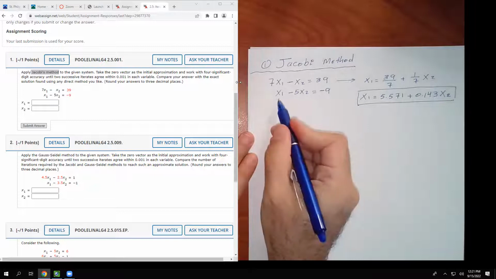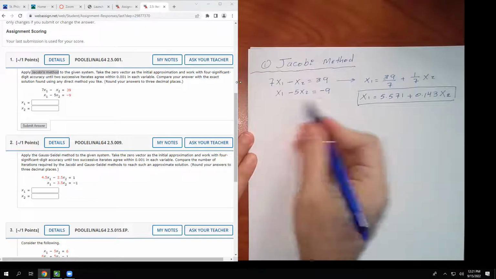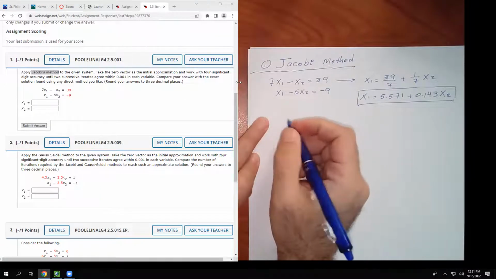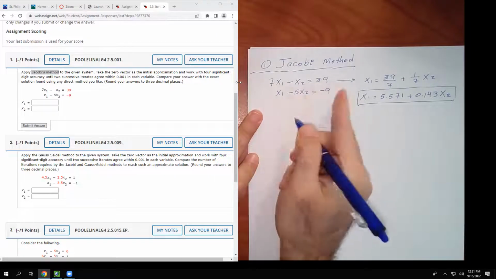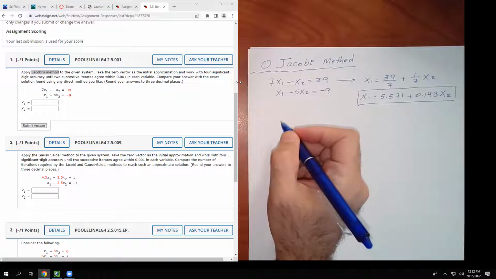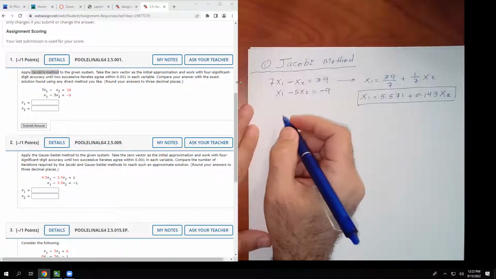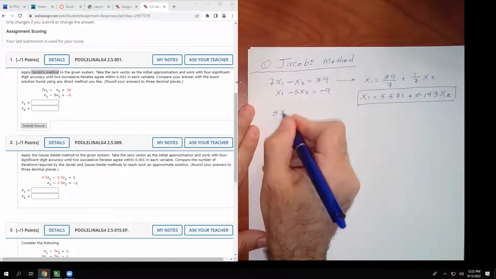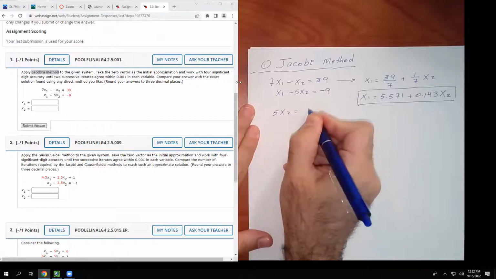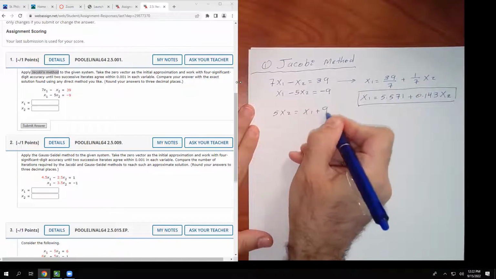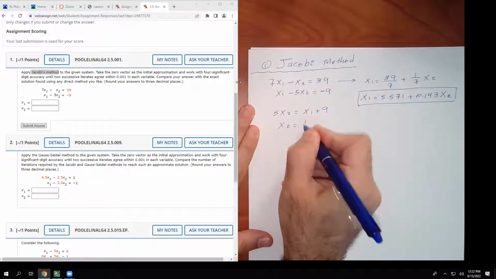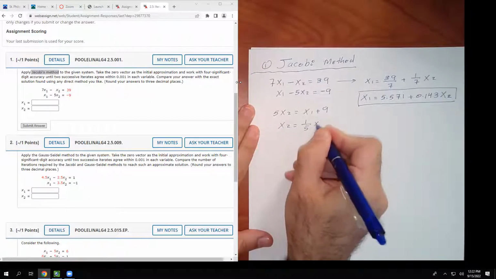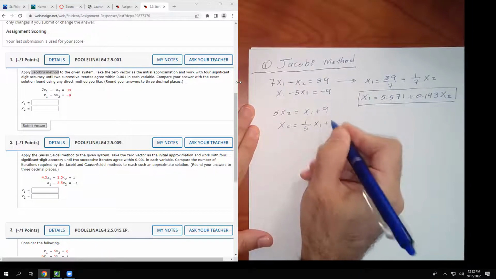Now the second one, I need to solve it for x2. Move the x2 to the other side, so 5x2 is going to be x1 plus 9. Then divide by 5. So x2 is going to be 1 over 5 x1 plus 9 over 5.